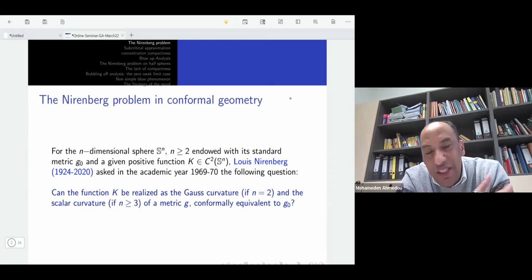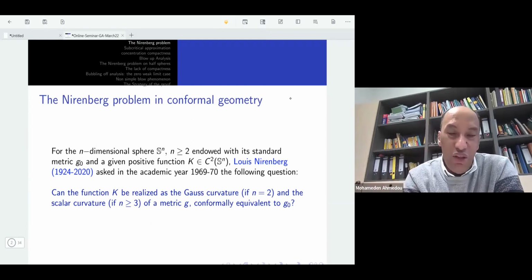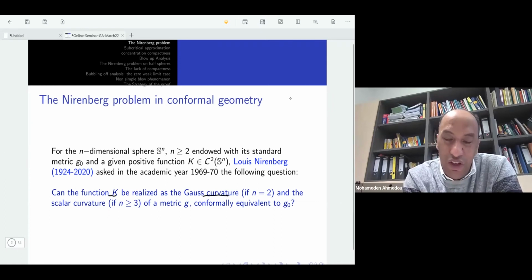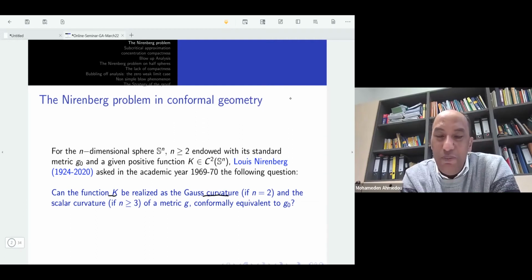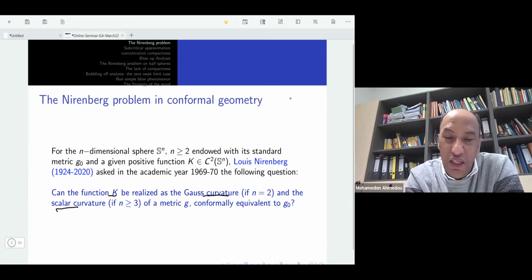Nirenberg asked his student, but also the mathematical community: given a function k on the sphere with its standard metric, is it possible to find a conformal metric in the conformal class of the standard metric, such that in the case of S2 the Gauss curvature is given pointwise by the function k, and in the case where the dimension is bigger than or equal to 3, that the scalar curvature is given exactly by the function.